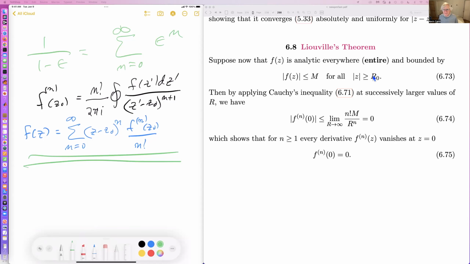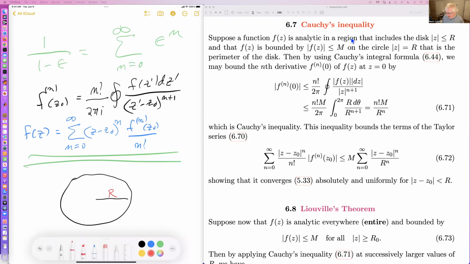So suppose f of z is analytic in a region that includes a disk. So we've got a disk here of radius r. And we're saying that it's analytic in a region that includes this disk, and that f of z is bounded by, absolute value of f of z is less than or equal to M on the circle that is its perimeter.